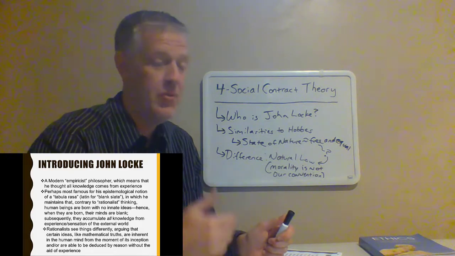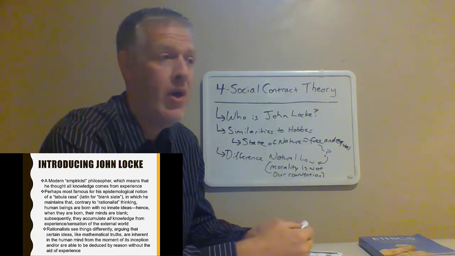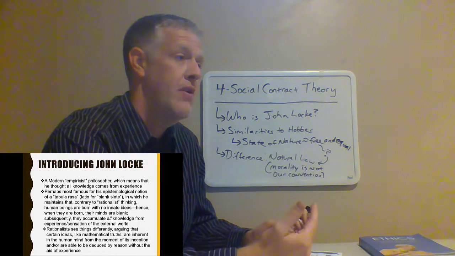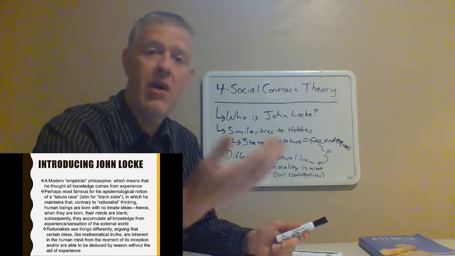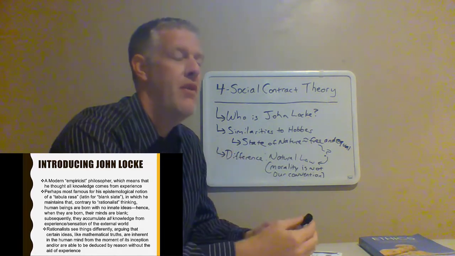And the answer is related to a similar question, and that is why were the founding fathers such fans of Locke and not necessarily Hobbes? I gave the answer away, I think, in the previous lecture.